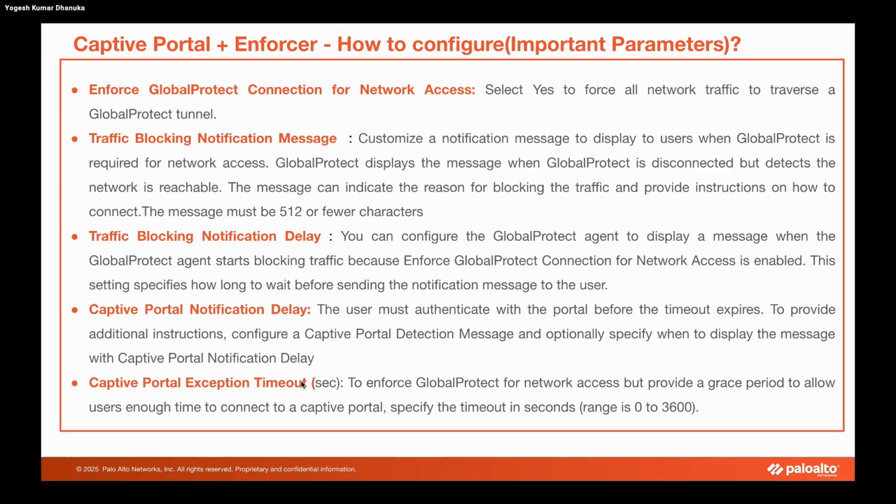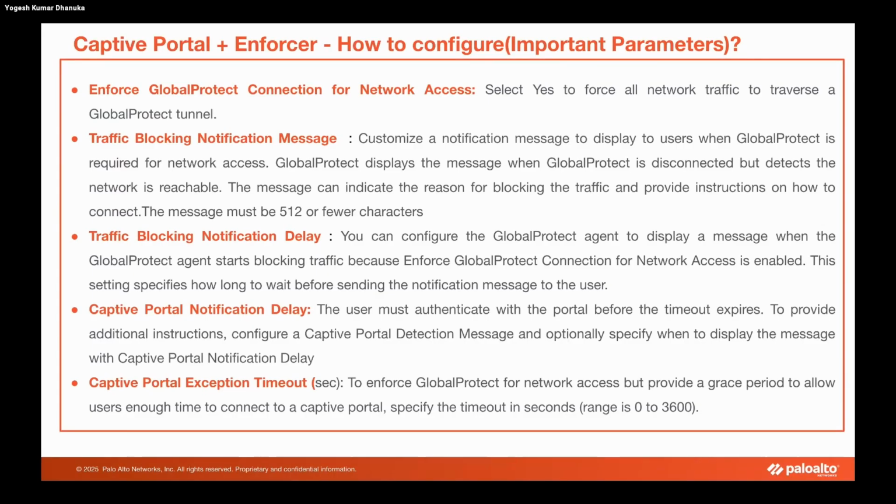So, for example, by default, it's 60 seconds, and 1 minute might not be enough time for a user to do all the login and connection to the captive portal. So that should be set to not a very large value, but a fairly large value. The general recommendation is 600 seconds. So you allow the user at least 10 minutes as an exception for the captive portal.